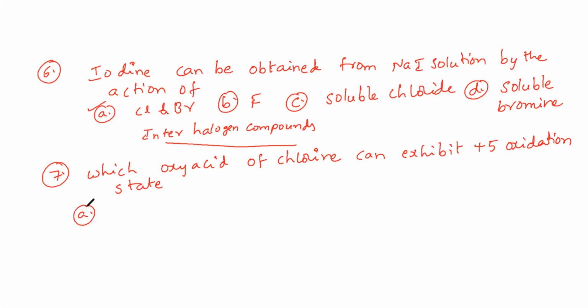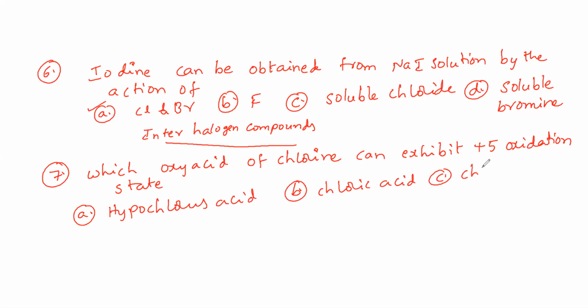Option A, hypochlorous acid. They're asking the names also. We can find the formula, but we have to remember the name also. Option B, chloric acid. Option C, chlorous acid.